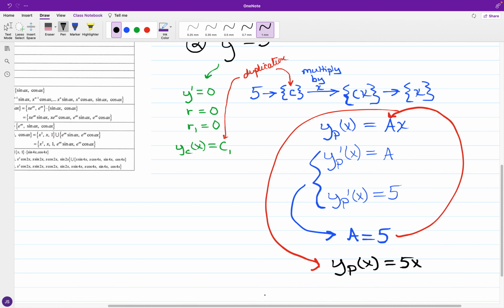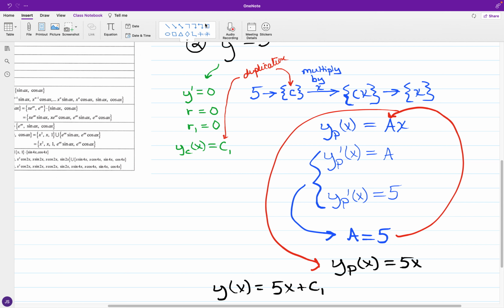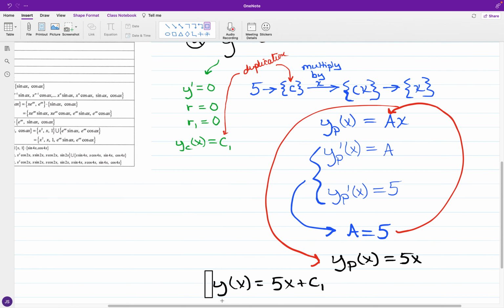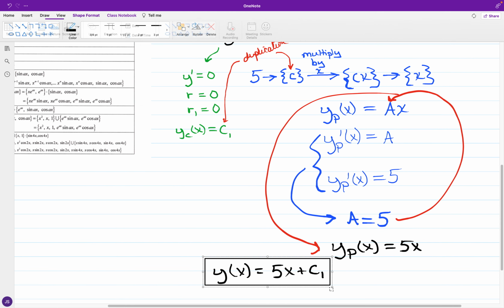So altogether, we have y of x, again, is equal to the sum of the complementary and the particular solutions. And so that's going to be 5x plus c sub 1. And that is going to be the entire solution of this first order non-homogeneous differential equation.